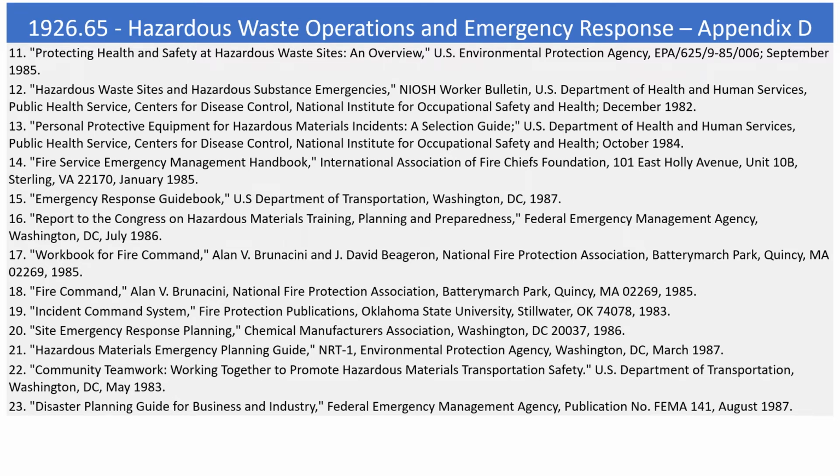Community Teamwork, Working Together to Promote Hazardous Materials Transportation Safety. U.S. Department of Transportation, Washington, D.C., May 1983. 23. Disaster Planning Guide for Business and Industry, Federal Emergency Management Agency, Publication No. FEMA 141, August 1987.